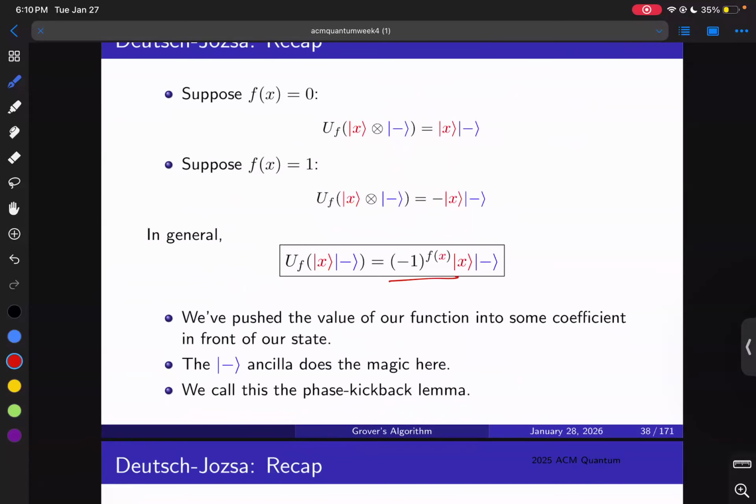So basically, some information about the function f gets kicked back to the phase of the state after you apply the oracle. And that allowed us to extract information about the function's value when you apply the oracle. We won't be using that in Grover's algorithm, but that was the main insight of Deutsch-Jozsa.